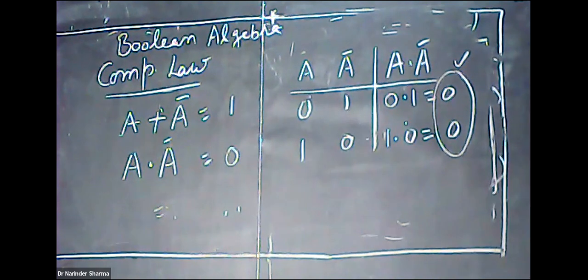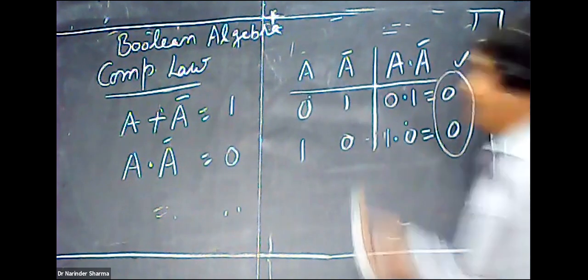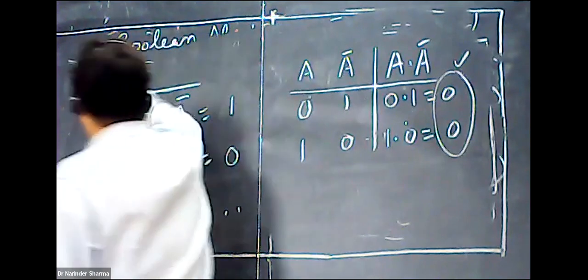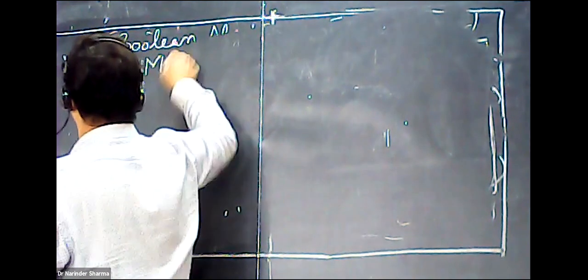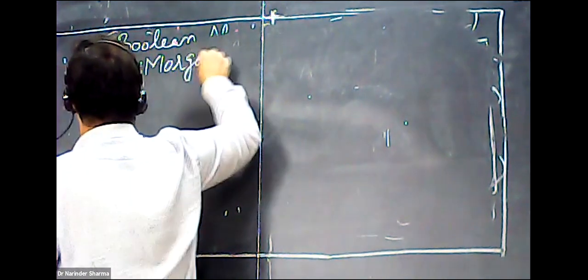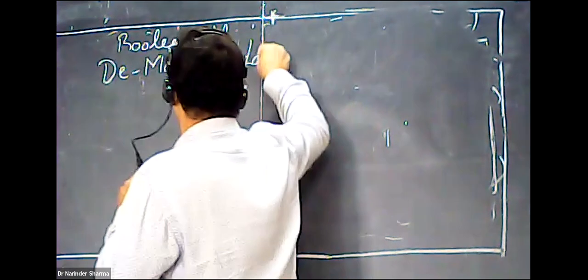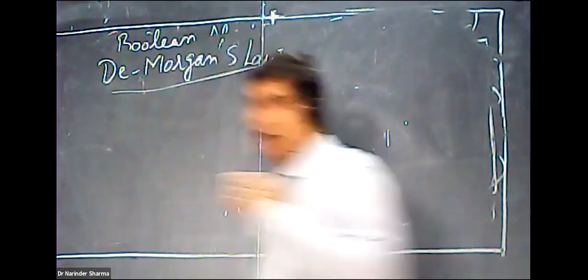Next is De Morgan's law. It is very, very important. It is used very versatilely in the upcoming sections. I repeat, De Morgan's law, De Morgan's theorems or law, whatever you want to remember. It may be asked with the name of law or with the name of theorem.